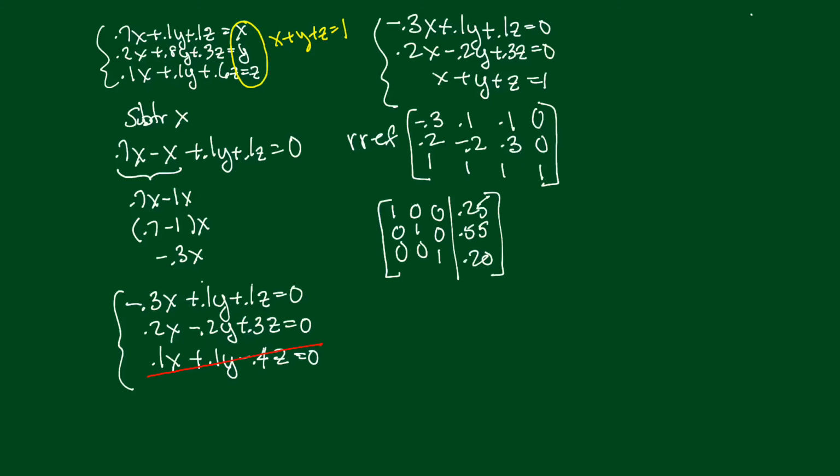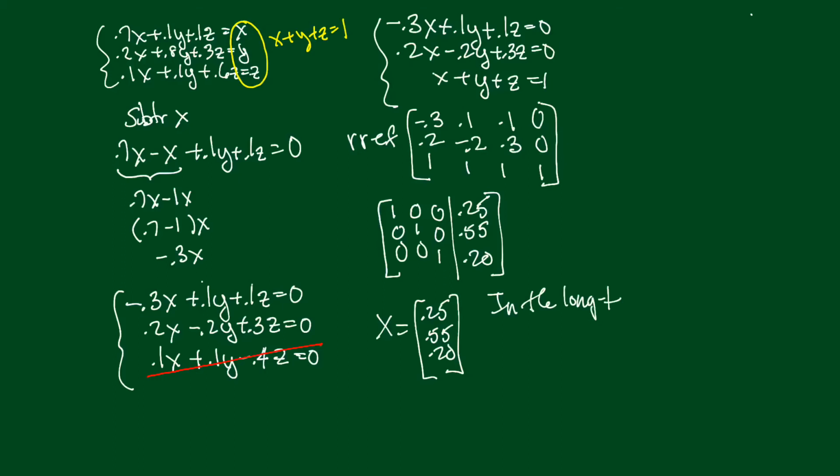Just check, do they add up to 1? 25, 80, they do. They add to 1. So our steady state vector is 0.25, 0.55, 0.20.